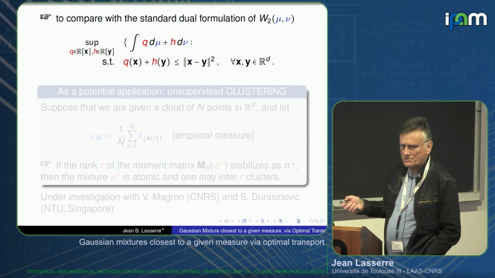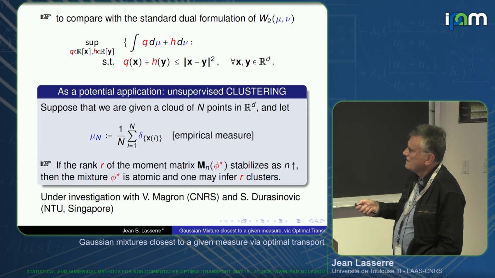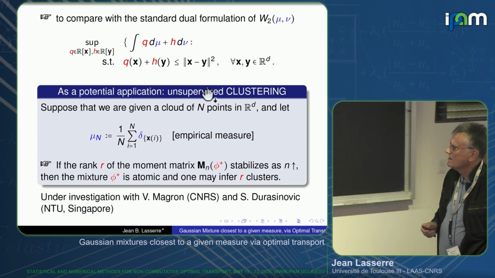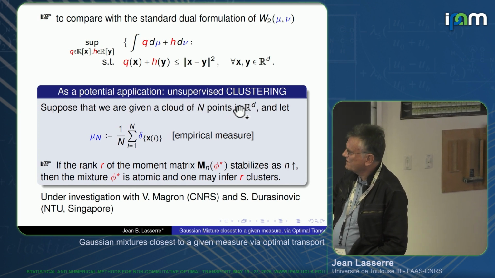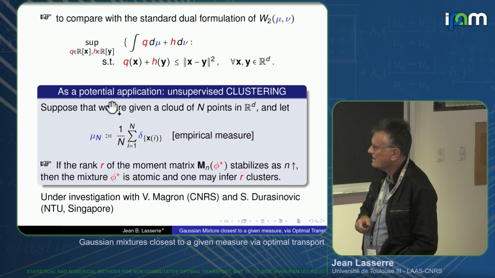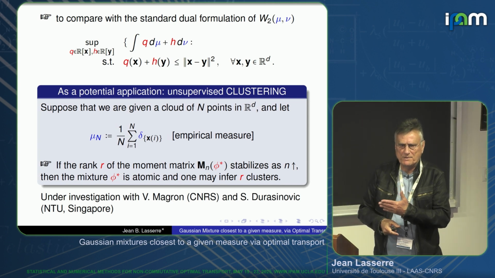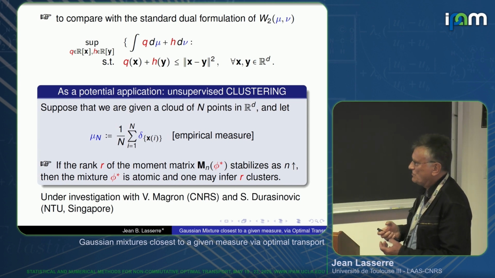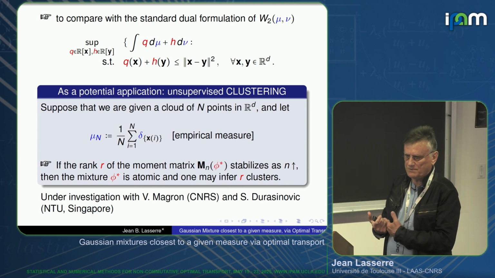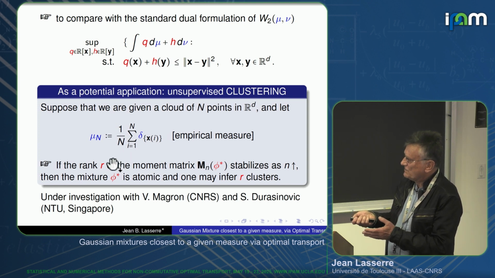Let me tell you one word about our motivation. The application was unsupervised clustering. Suppose you are given a cloud of points in R^d, and let mu n be the empirical measure. If you solve this problem with mu being this empirical measure, you try to see if this cloud of points can be approximated by a mixture of Gaussians.